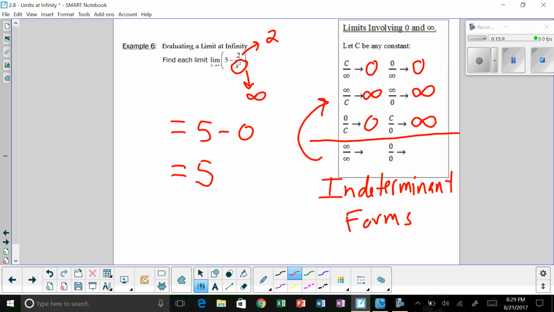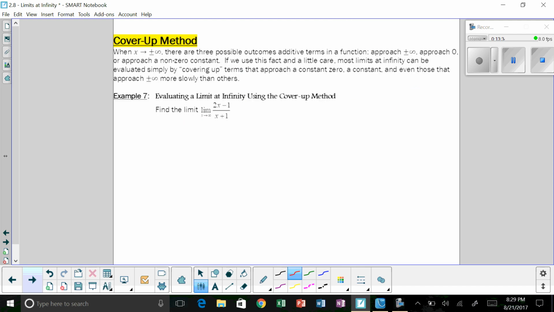Okay, let's take a look at some more examples. Well, the cover-up method is a method that I think I like a lot that can be used to evaluate many limits at infinity, because these quantities that are becoming infinite often override quantities that grow less quickly.